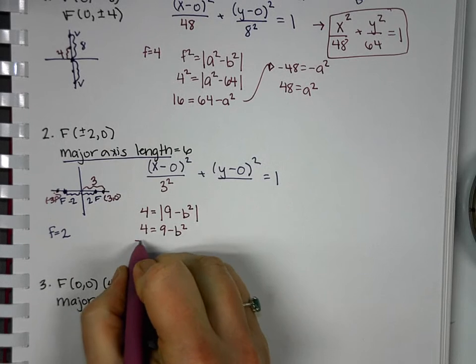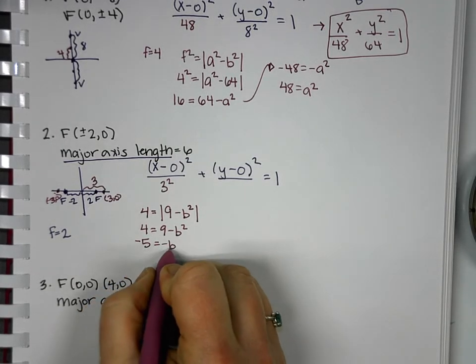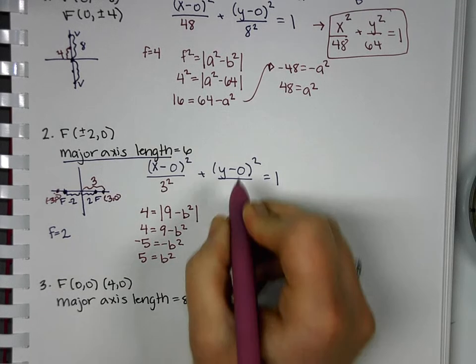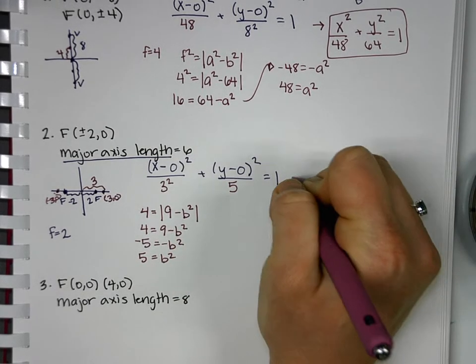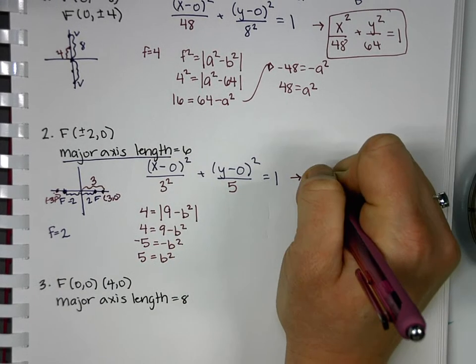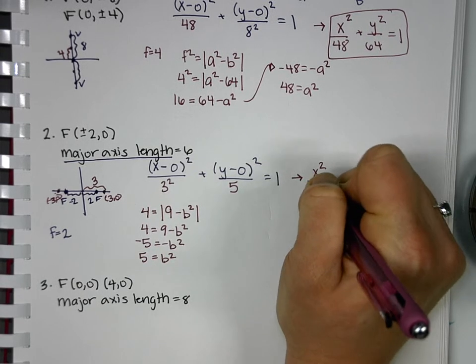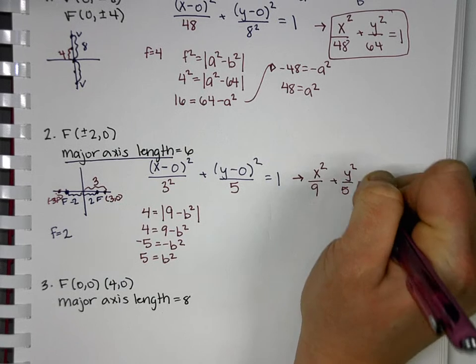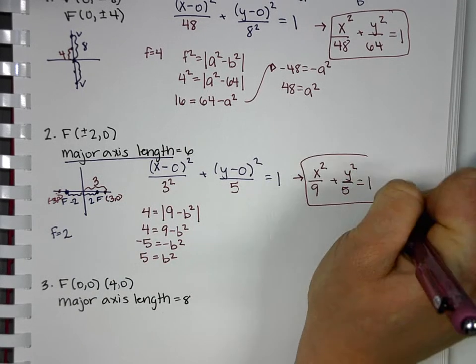So I subtract 9 from both sides, divide by the negative, and I get that b squared is 5. So simplifying, x squared over 9 plus y squared over 5 equals 1, and we have our equation.